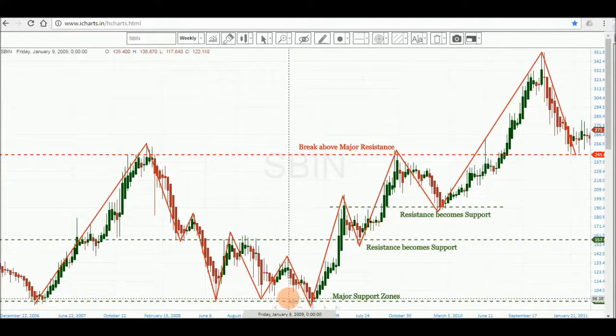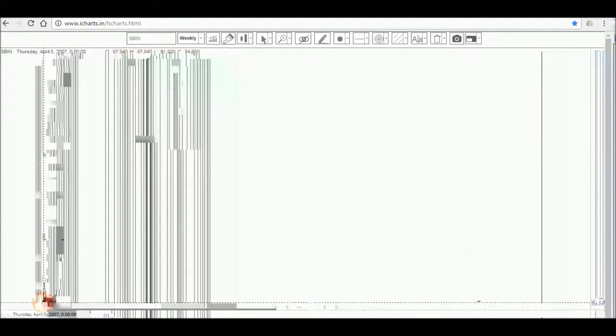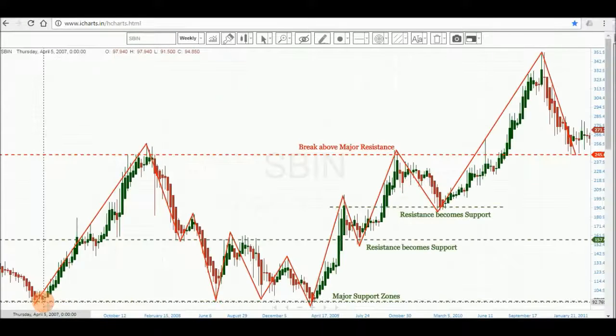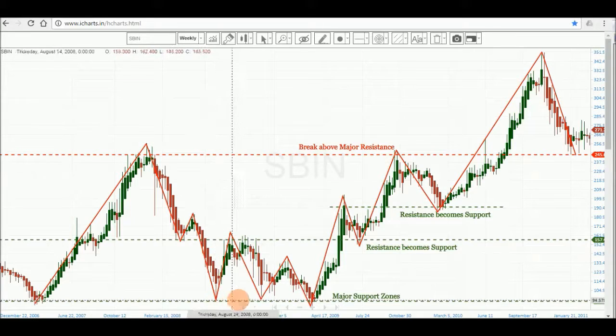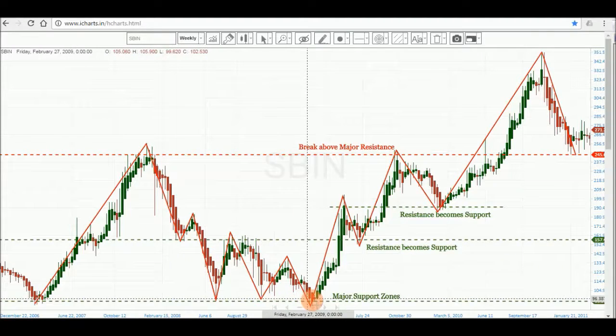Now let me show you the major support and resistance zone in this chart. At this point, just follow my cursor, you will see at the price of 92 rupees almost, the price has bounced off almost 4 times over here, over here, over here, and the last one over here.